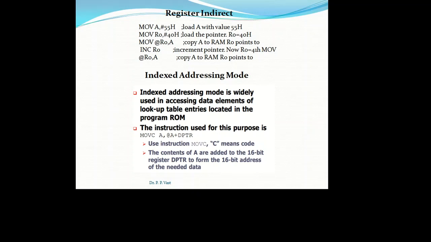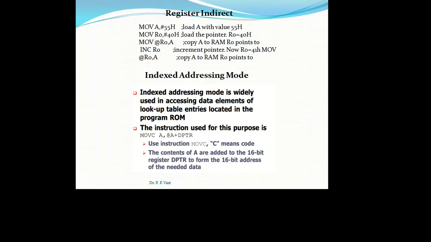DPTR is the data pointer, which indicates the starting point of the ROM. The initial data in DPTR plus the accumulator data is the total address. Whatever data is at that A plus DPTR location will get copied into the accumulator.